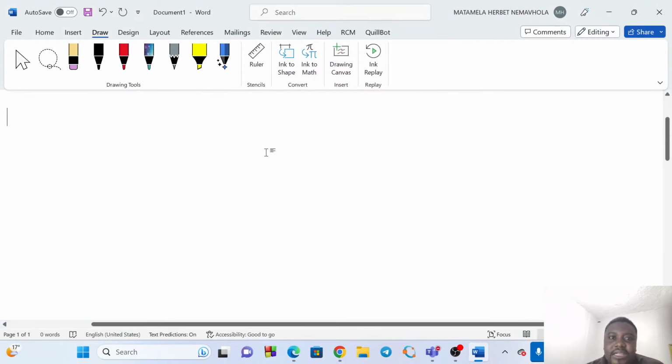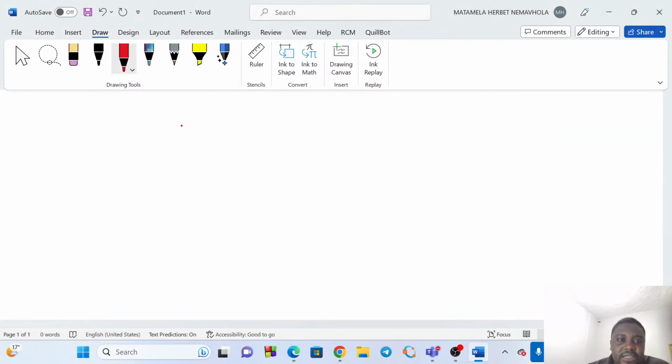The question that I want you to do, I'm going to make you share your screen. The equation that I want you to do is f of x equals x cubed minus 6x squared plus 11x minus 6.